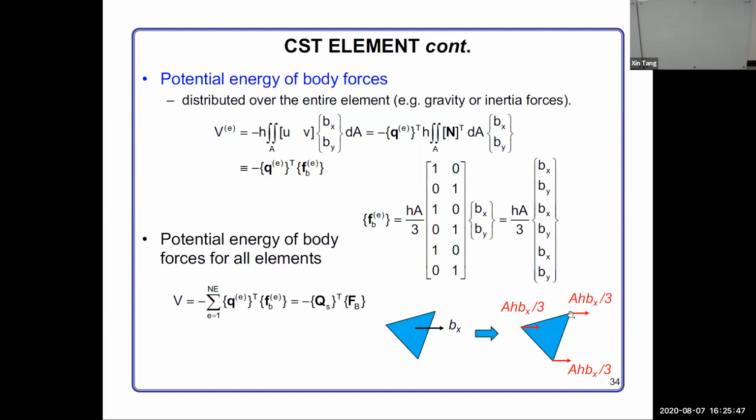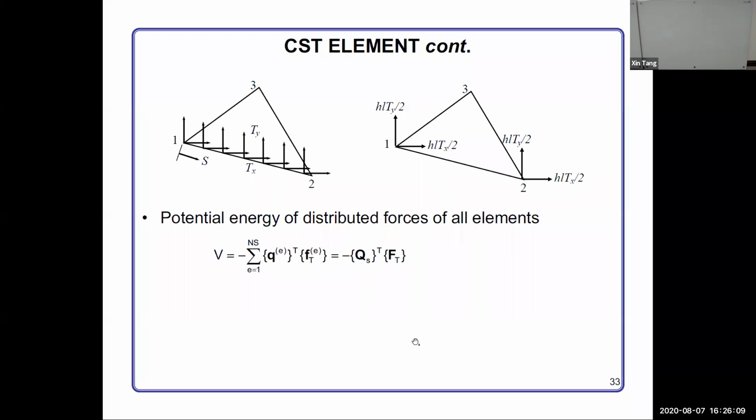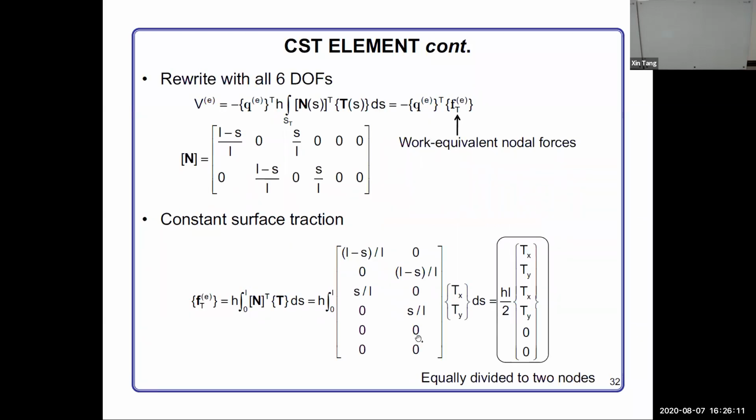And in all the 3 nodes around the same direction, you can put the same value. Okay. And for the y direction, for example, if we have the gravity force, that can also be equally distributed into the 3 nodes around the y direction.